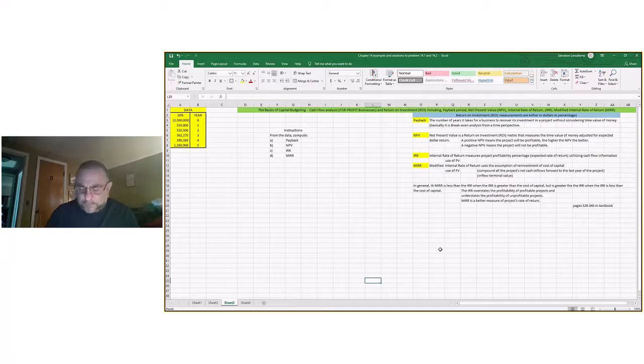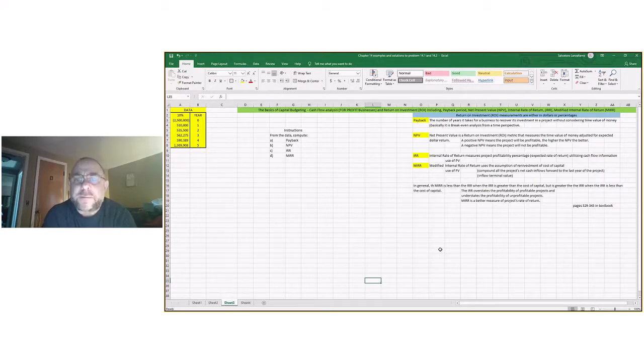And then you have the modified internal rate of return, which is MIRR, and that one is a better version of IRR, the internal rate of return.